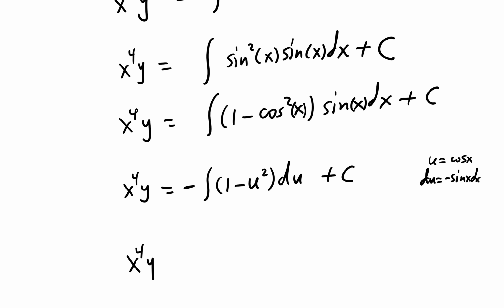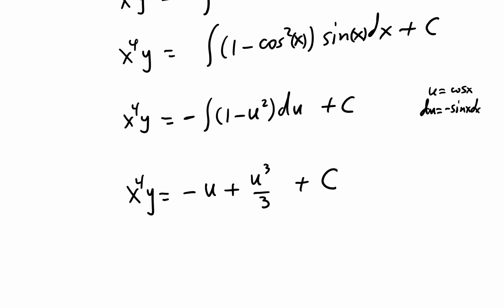Keep the left-hand side the same. The integral of 1 is u plus u to the third over 3 plus the c. Then we replace the u back with cosine x, so negative cosine x plus cosine cubed x over 3 plus c.